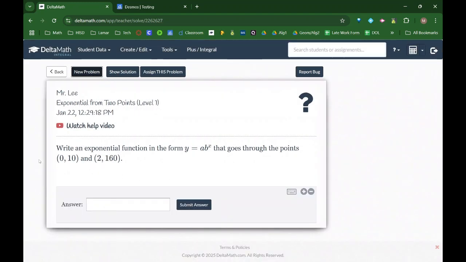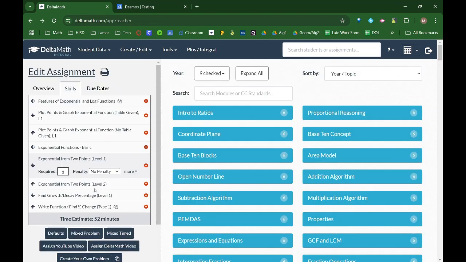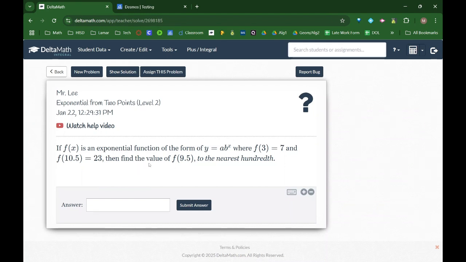Okay, and these ones are all pretty similar. They give you the y-intercept, the 0 comma something, and that's going to give you your a value. Let's go over a problem where they don't do that. Now they're not actually asking for a function, but it's going to be a bit easier if we find the function.